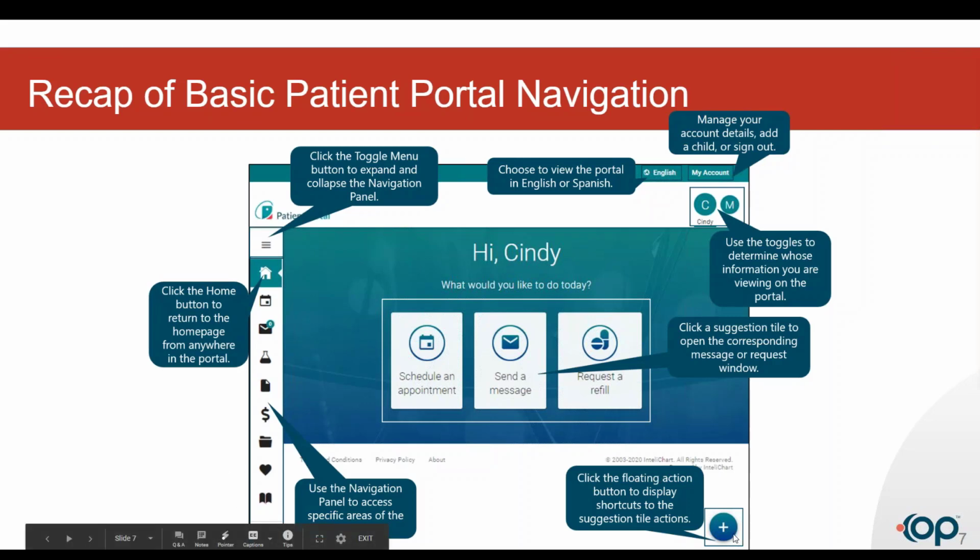In the bottom right-hand corner, we had our floating action button to display shortcuts to the suggestion tile actions. And last but not least, we saw our suggestion tile actions to open the corresponding message or request window, whether that be schedule an appointment, send a message, or request a refill.